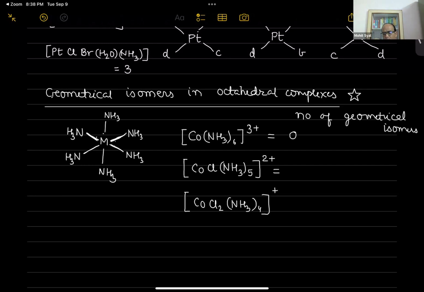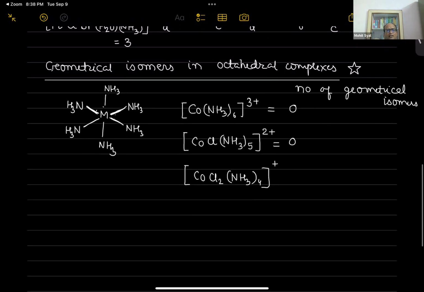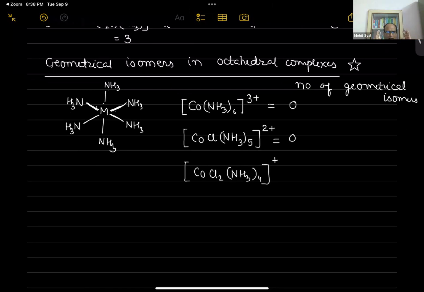Why? Because you have just one signal. You need at least 2 groups for the sake of comparison, which you can call on the same side or on the opposite side of the metal. Just one group will not show geometrical isomerism.